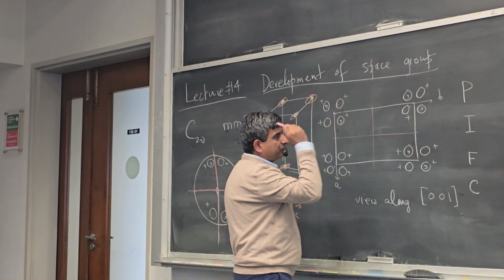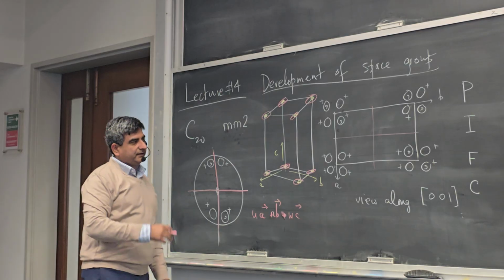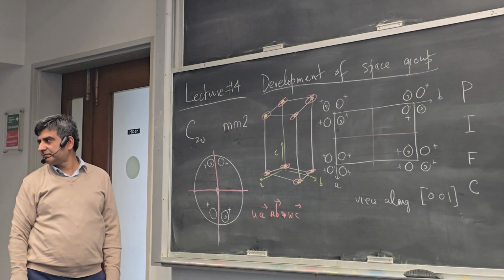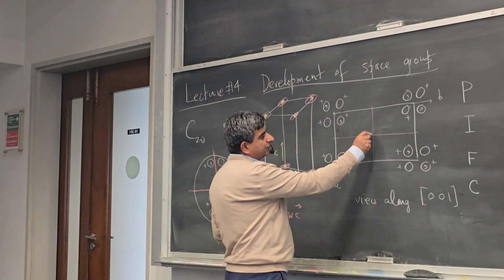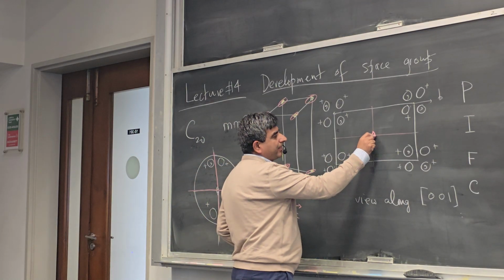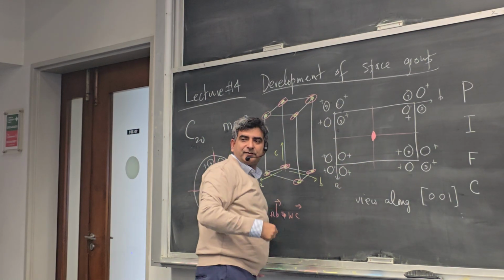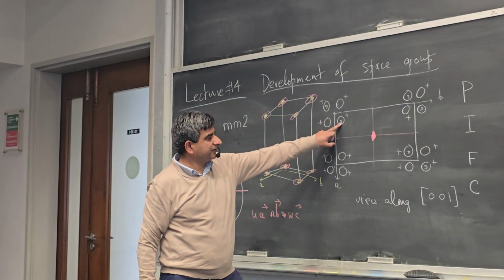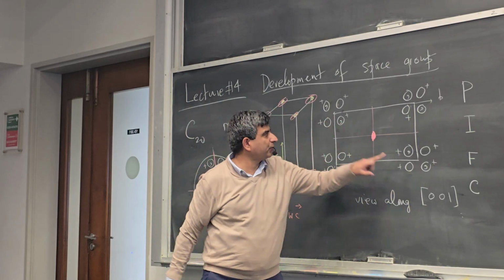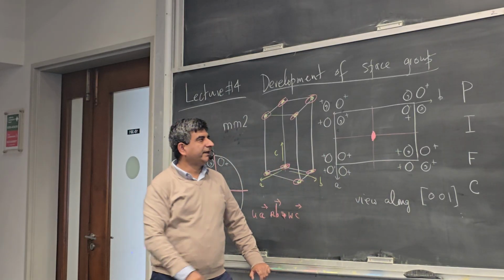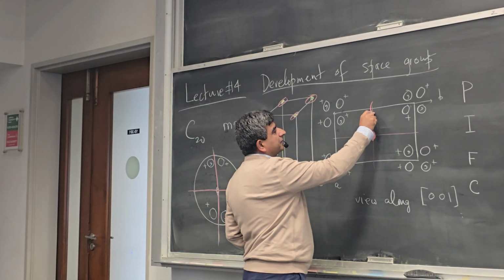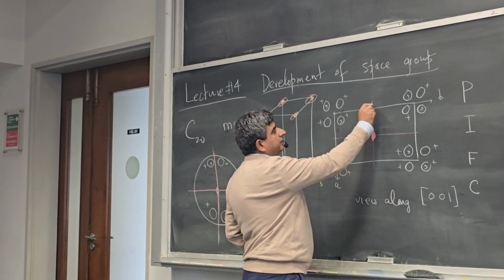First of all, if I just hypothetically divide this rectangle into 4 parts, it's a rectangle because it's orthorhombic. There is a 2-fold axis of rotation here along the z-axis, isn't it? Which connects this point to this point, this point to this point, and so on. Likewise for all of the points. There is a 2-fold axis of rotation here.